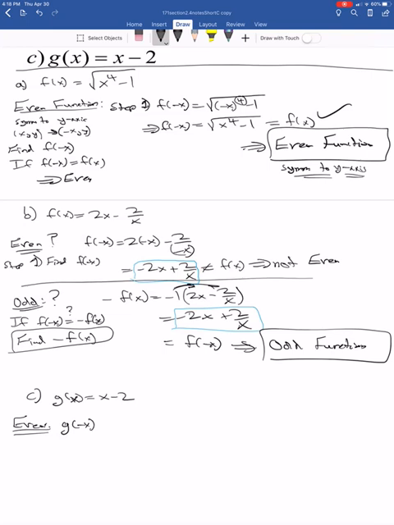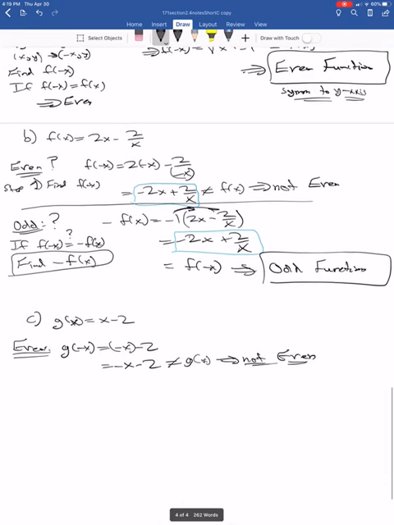So g of negative x equals negative x minus 2. As we simplify, that is not equal to g of x. So not equal to g of x means we do not have any symmetry with the y-axis, which means it's not even.